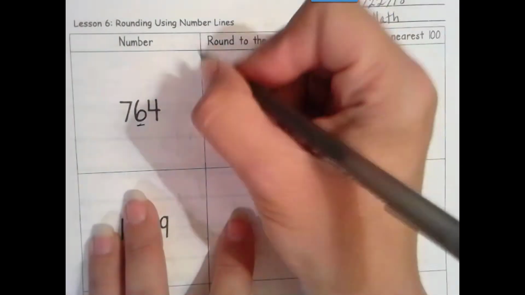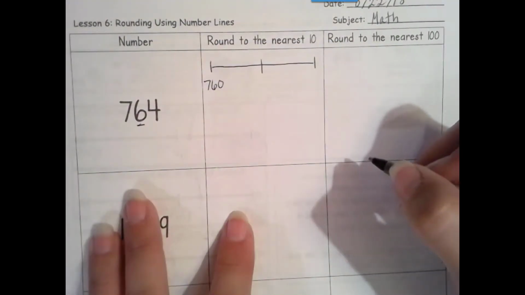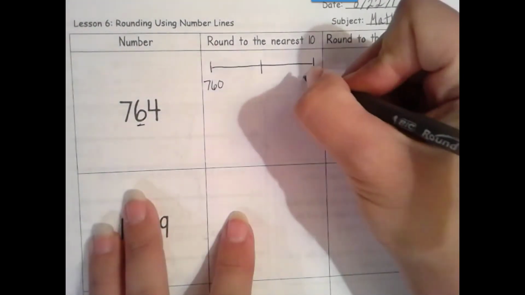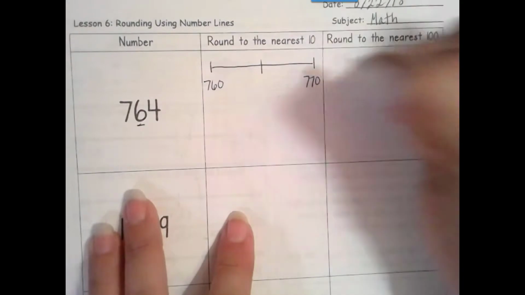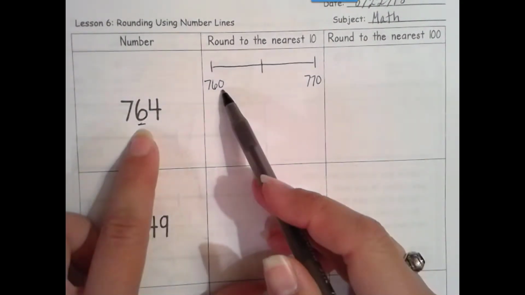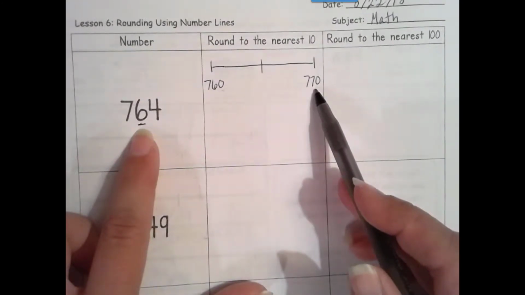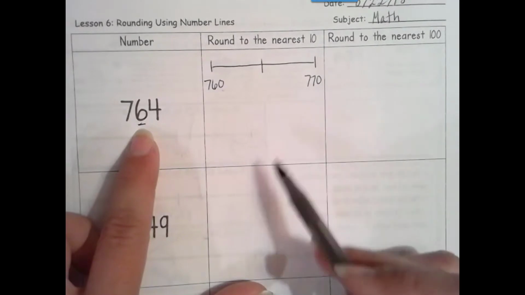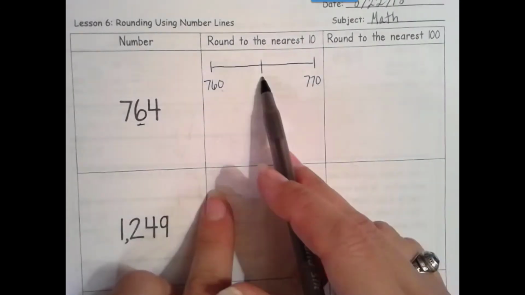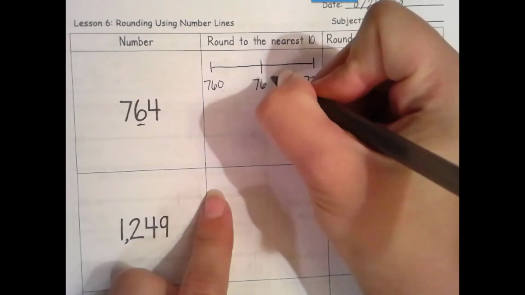So the nearest 10 is 760. And then the next 10 up is 770. So we start with the 10 that's there. We make our round number. Round means it ends in a 0. And then we go up 10 more. Again, ends in a round number. Our benchmark is halfway. Well, half of 10 is 5. So we have 765.